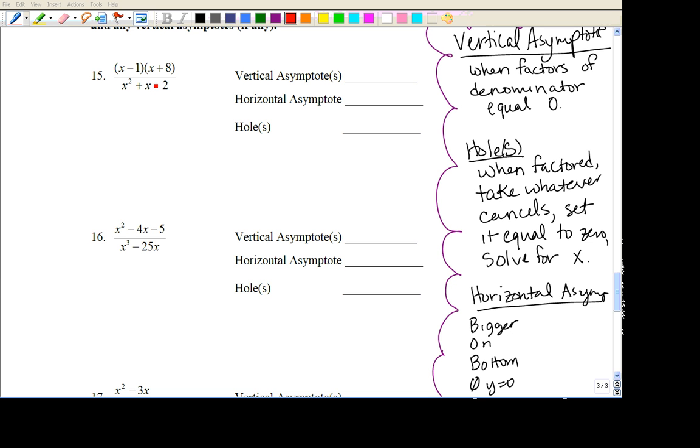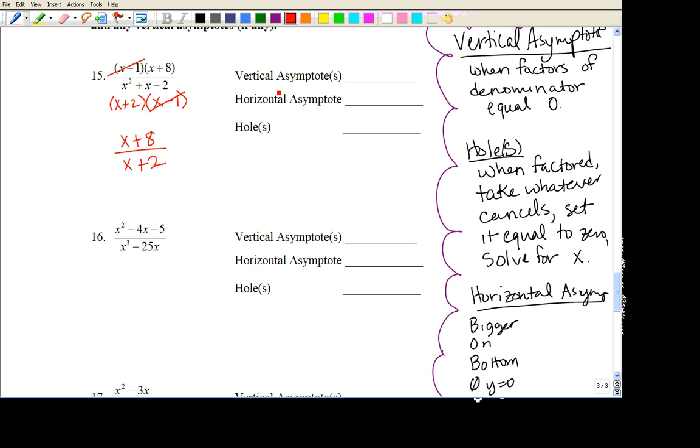Okay, so we have (x minus 1)(x plus 8) over x squared plus x minus 2. So let's factor the bottom here. So we will get (x plus 2)(x minus 1). And let's see whatever cancels here. So then now we have x plus 8 over x plus 2.